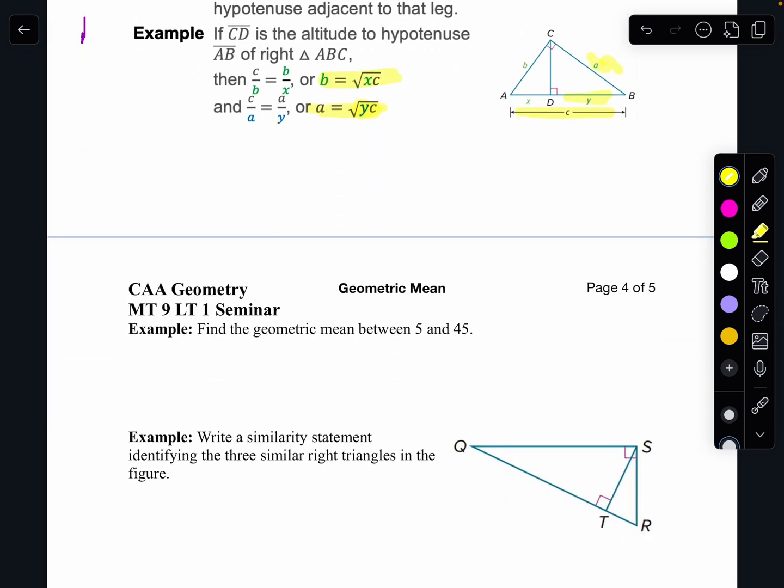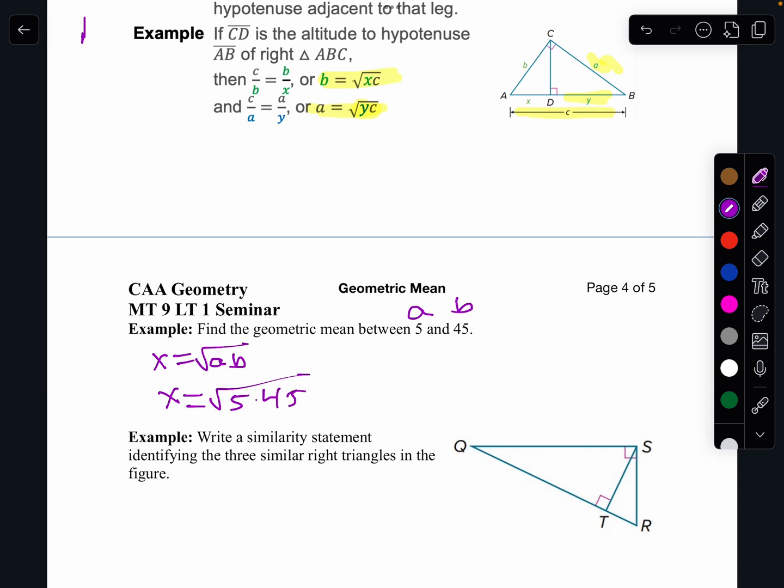Now in our first example, I want to find the geometric mean between 5 and 45. So in other words, X equals the square root of AB. In this case, A is 5, B is 45. So X equals the square root of 5 times 45.